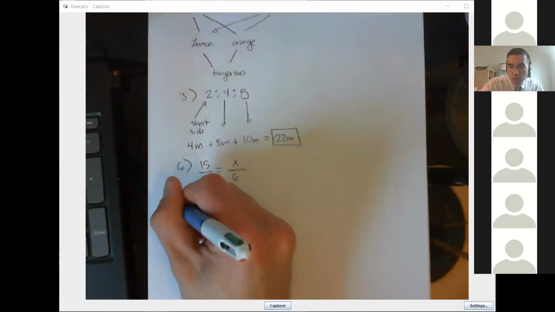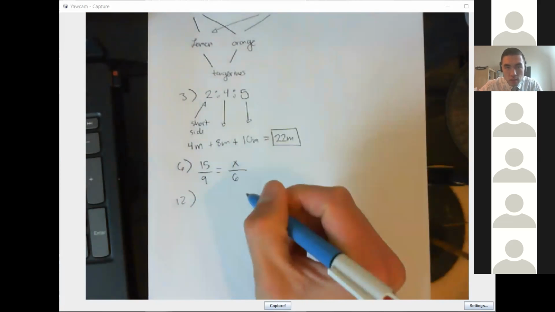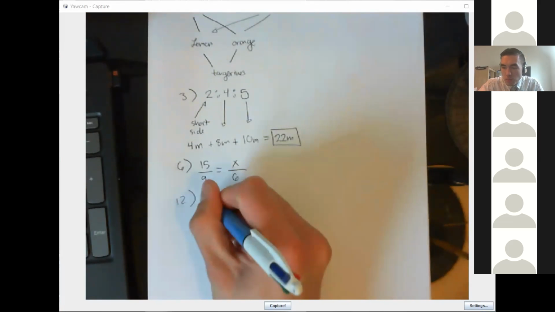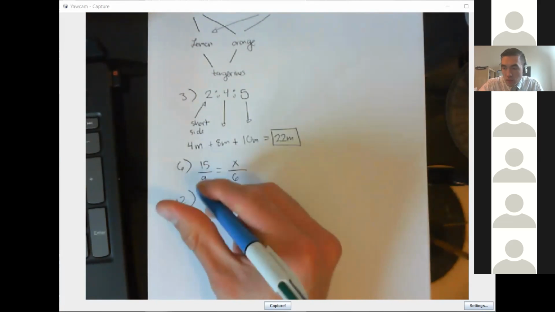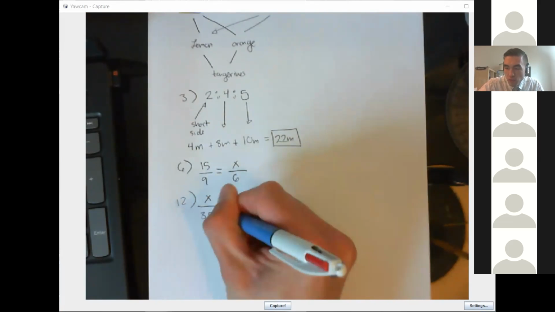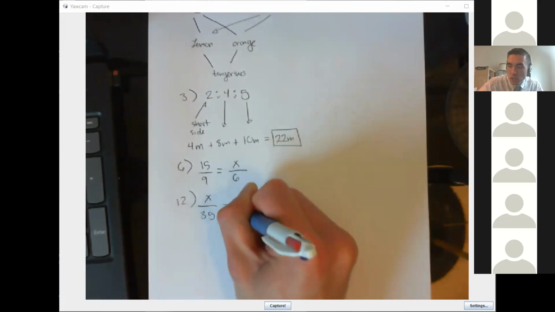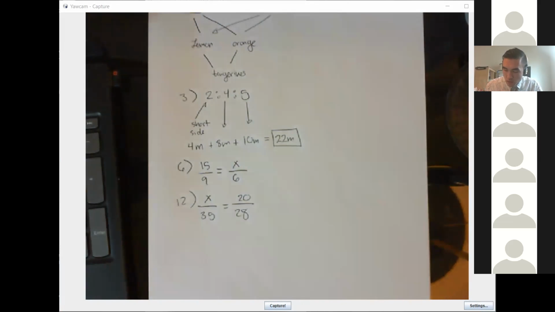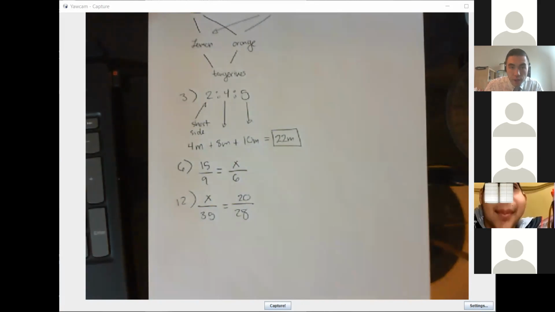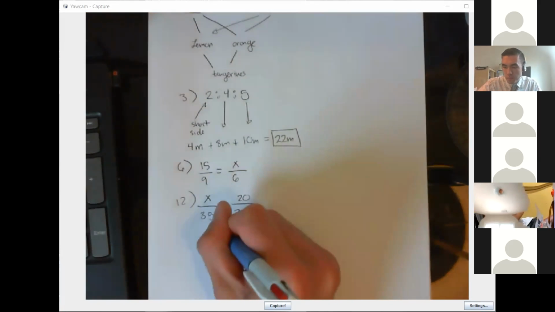I'm going to set my unknown variable as X divided by 35. If we set up that proportion for the other side, it would be 20 divided by 28, and then we cross multiply. So it's 20 divided by 28, then times 35. So the answer should be F, 25. Is that what you got? Yep.